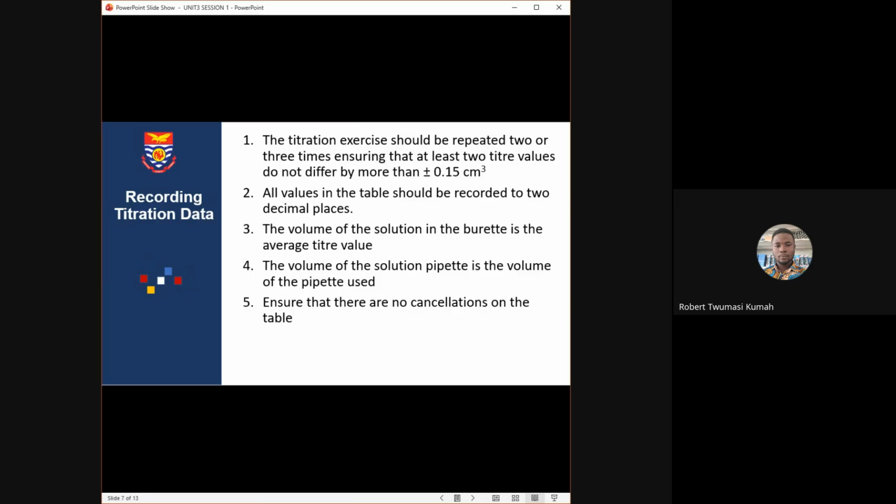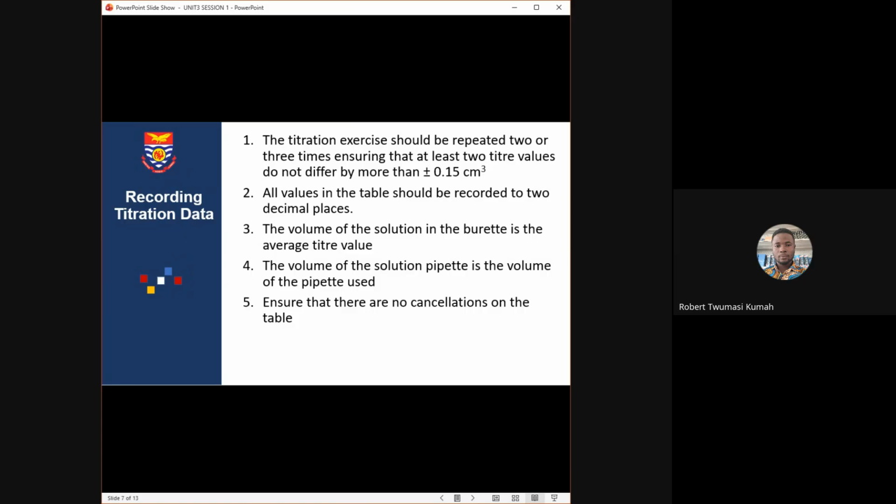We are humans, and there are errors. And so you may do the first one, you may do the second one, and you not have same values. You do a third one, and it's going to confirm one of the first two, or it might also even be different. So you can do as many, but the values that you decide on, that this is my titer, they shouldn't differ by more than plus or minus 0.15.